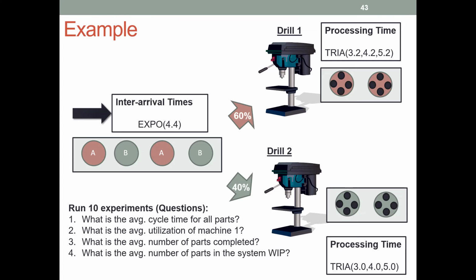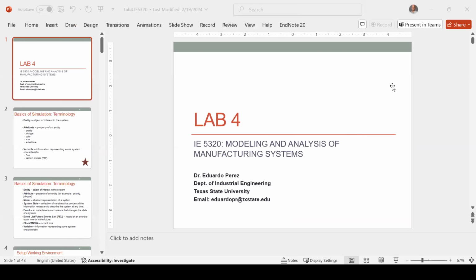We have interval times, we have the processing times, and we want to run this for 10 experiments and compute the average cycle time for all parts, the average utilization for machine 1 or drill 1, the average number of parts completed, and then the last one, which is what the variable is going to be used today, is to keep track of the working process or the number of parts inside the system. Okay, so let's open Arena.